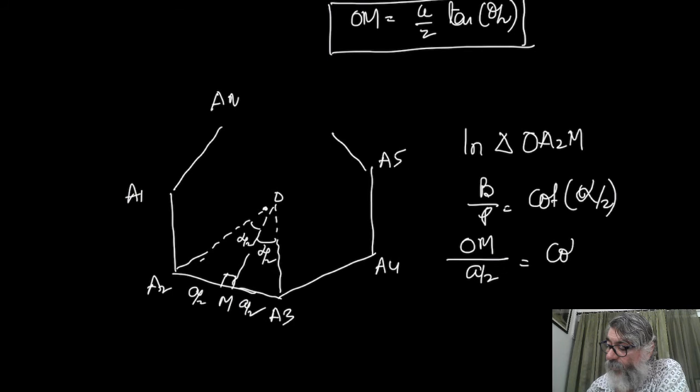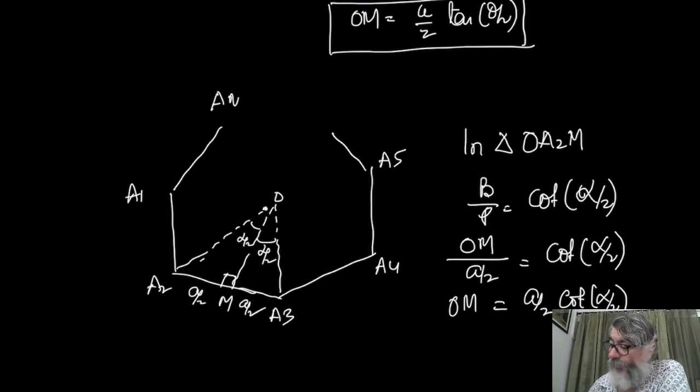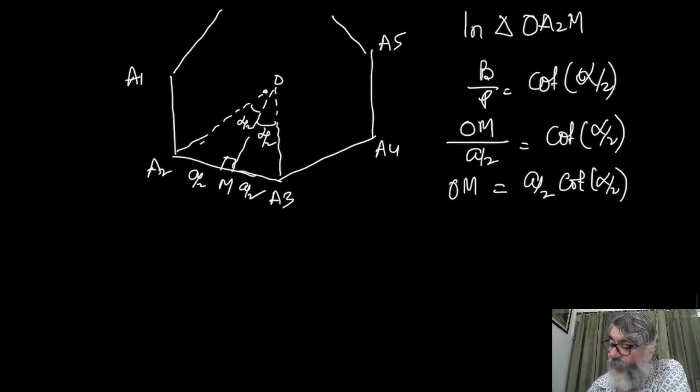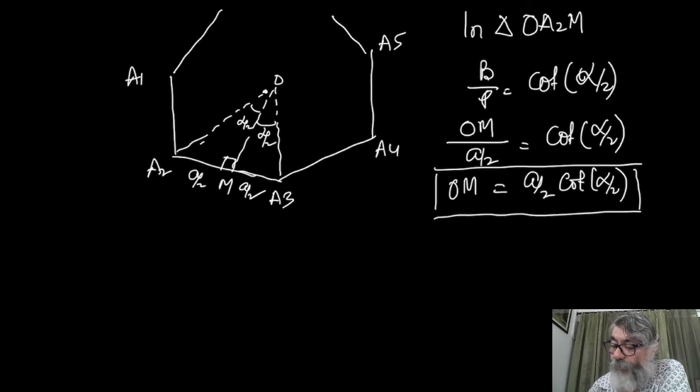So OM will become equal to A by 2 cot alpha by 2. You have to mind which angle we are talking about. Here the angle is formed at the vertex, here at O. This is not D, this is O. And earlier the angle was the interior angle of the polygon. So I have calculated OM as A by 2 cot alpha by 2.